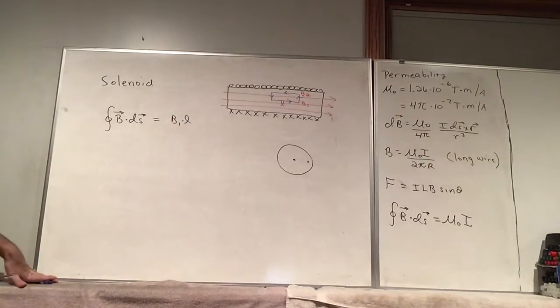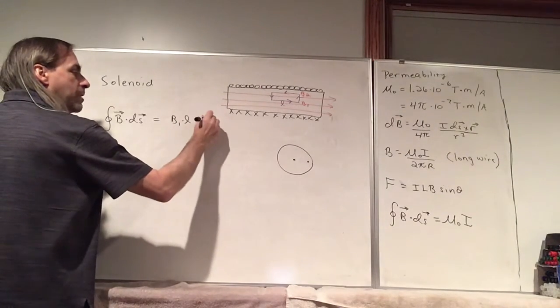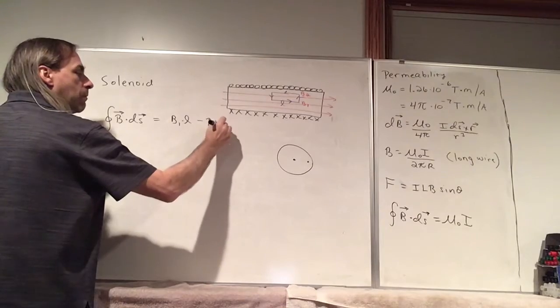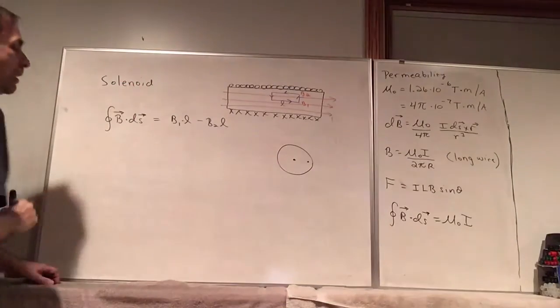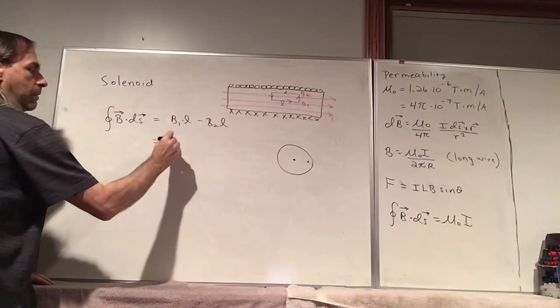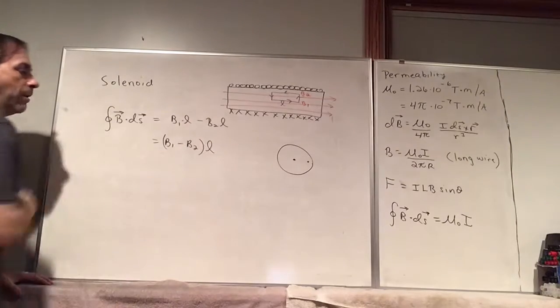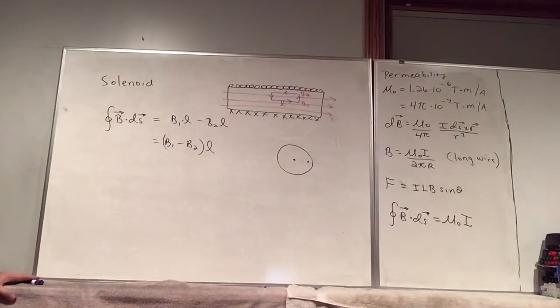So we get a minus sign, but otherwise it's the same. We have minus B2 times L. We can factor the L out, so we have B1 minus B2 times L. That's the integral going all the way around that purple path.